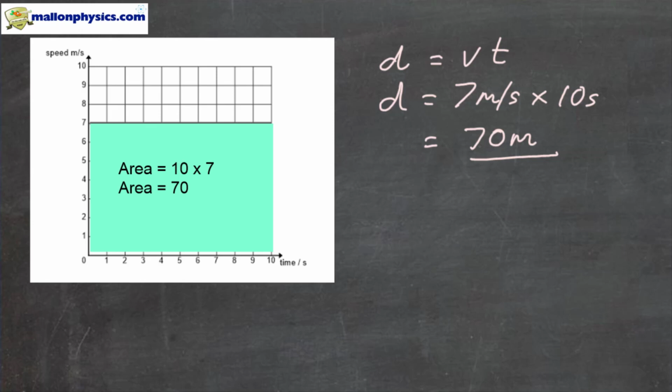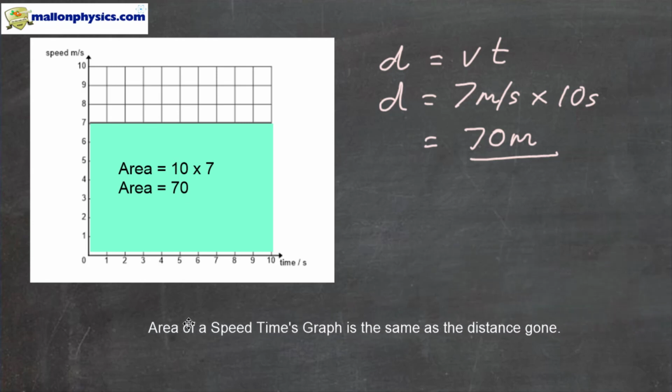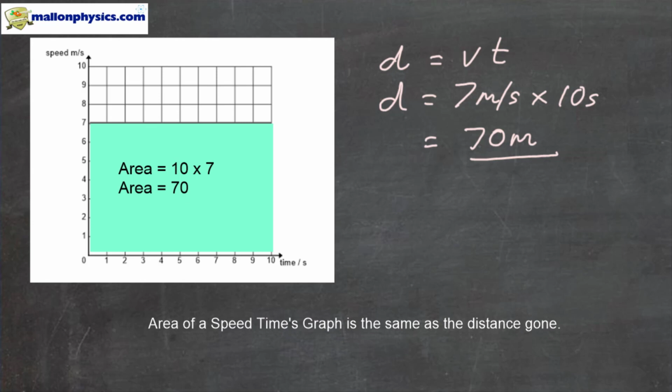Area equals 10 times 7 equals 70. So the area of a speed time graph does give us the value of the distance gone. We can summarise it with this little sentence here: the area of a speed time graph is the same as the distance gone. Let's try another example.